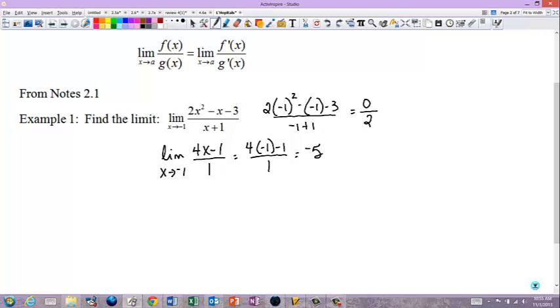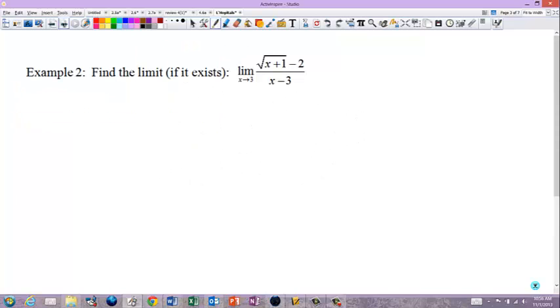I'm guessing maybe 2x minus 3 and x plus 1. Yes, that would actually work. And if you filled in your negative 1, you'd get 2 times negative 1 minus 3 is negative 5, which is what you get with L'Hopital's Rule. You just don't have to factor it. So you don't have to do any of the work if you can take the derivative.